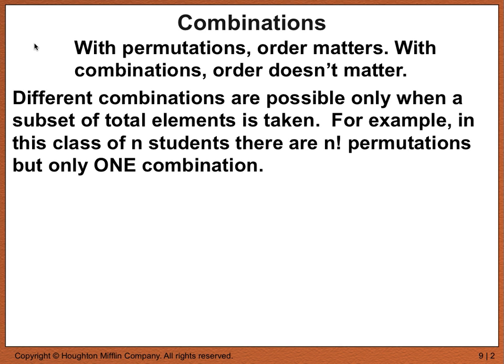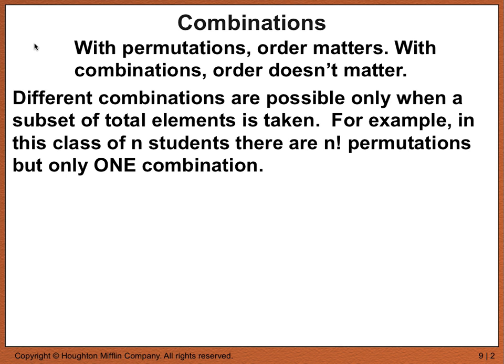For example, in this class of n students, there are n factorial permutations, but only one combination. That makes sense because if in a combination order doesn't matter, then a group of James, Mike, Bobby, Susie, and Alan, it doesn't matter what order you put them in, it's still the same group.